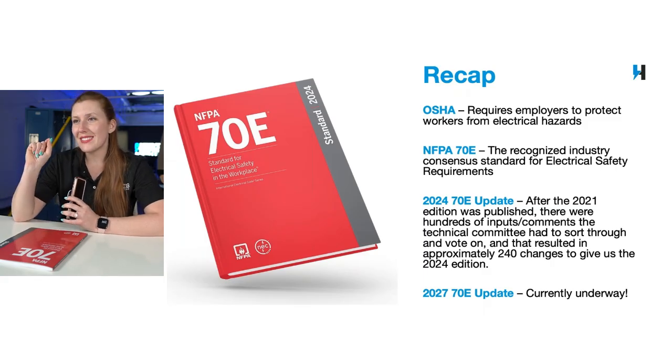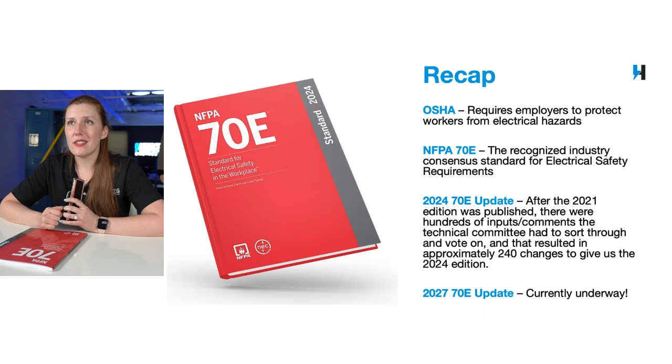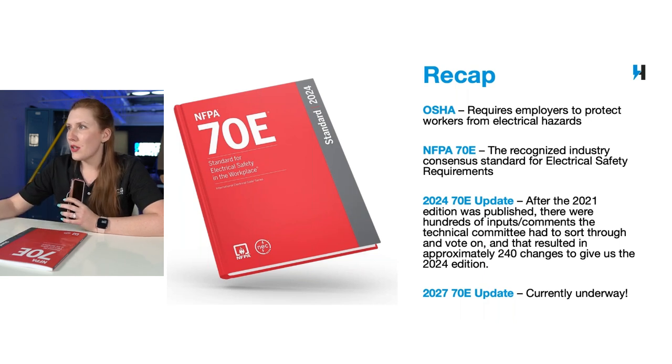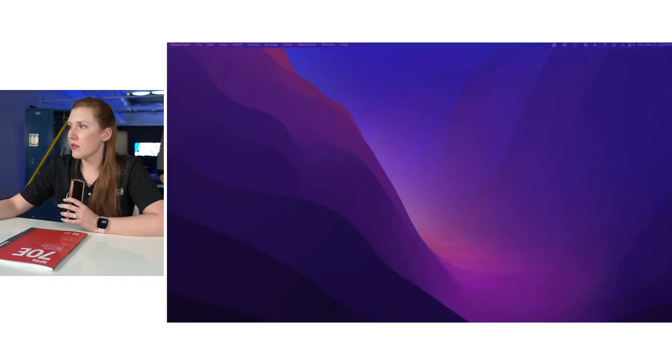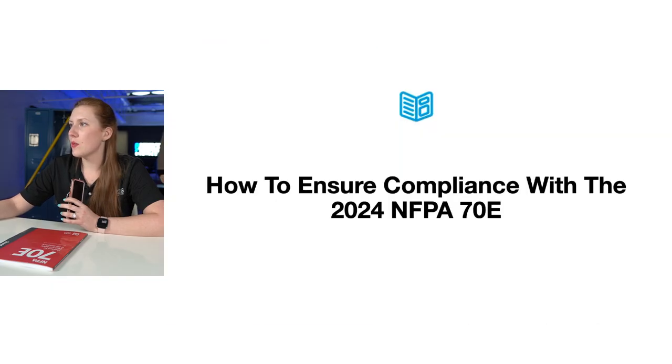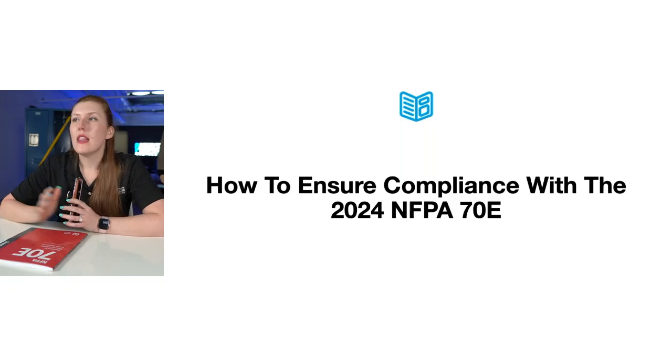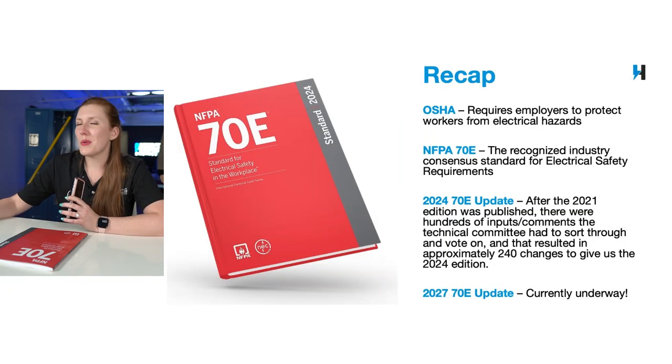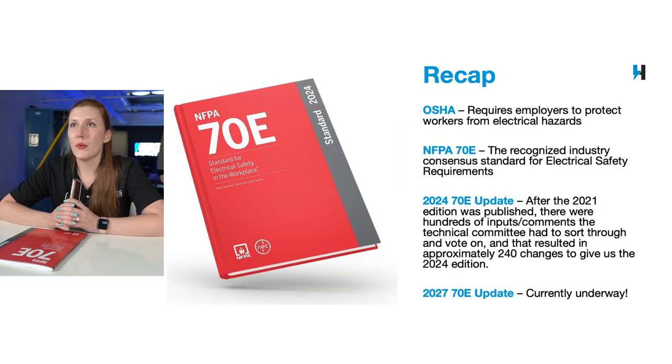Little note here, the 2027 70E update is currently underway. I just want to point out, looking at my notes here, the 2027 has gone through the first draft, and there are quite a number of changes heading our way.